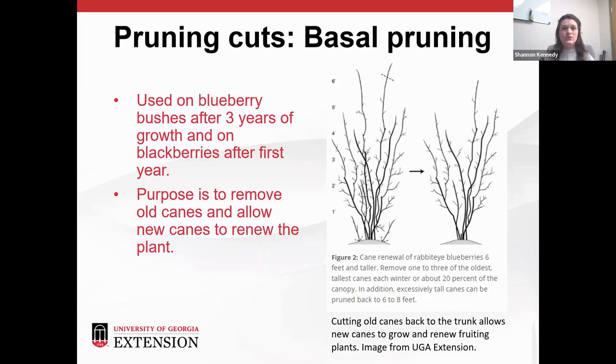So you want to remove those branches down to the closest juncture if it is up toward the top of the plant, or oftentimes these are coming out from the ground, so you want to prune them back to the ground. This allows more canes to grow and it will increase your yield over time. So just be aware of what is new growth on your plant and what is old growth on your plant. And it'll help you manage that plant very well.